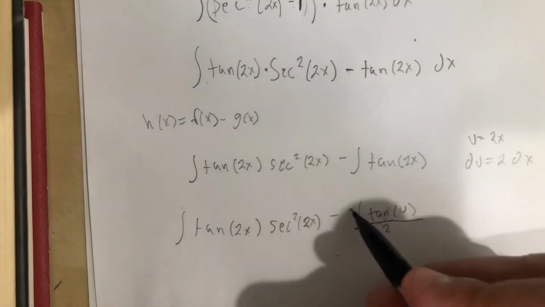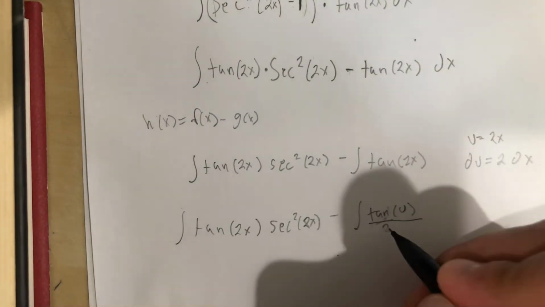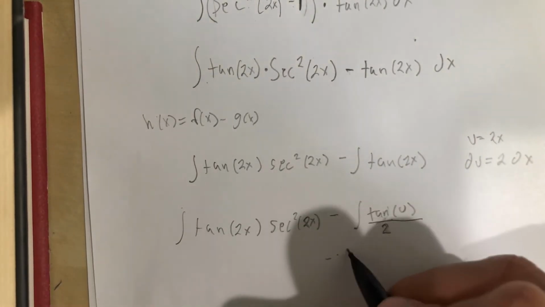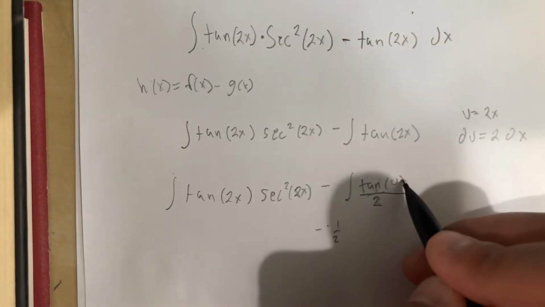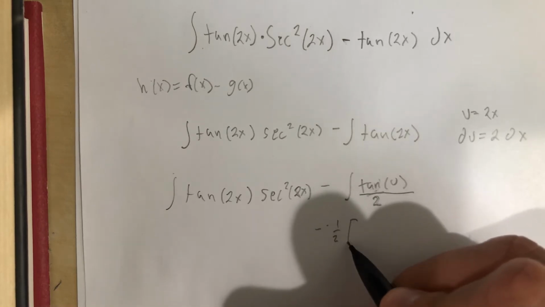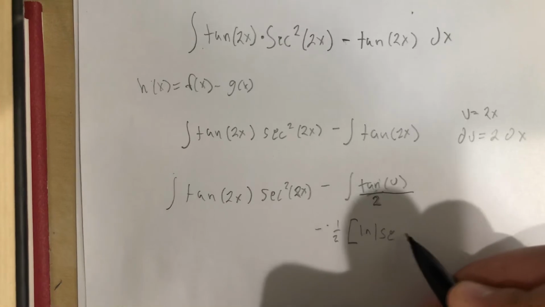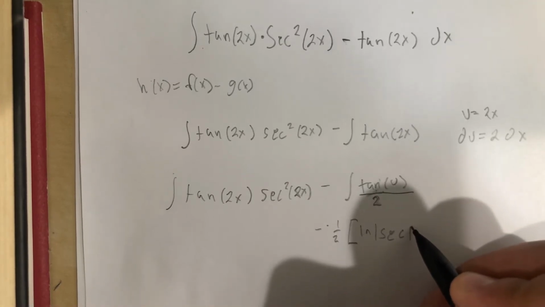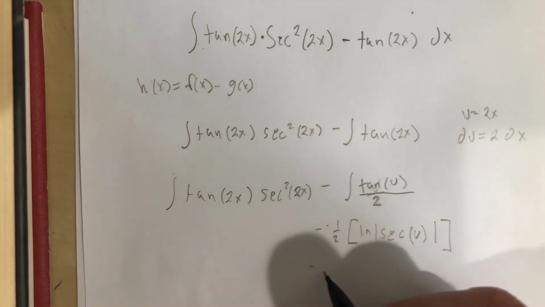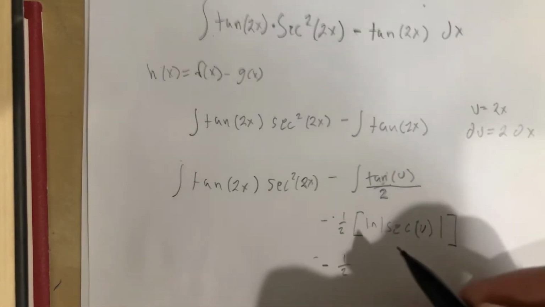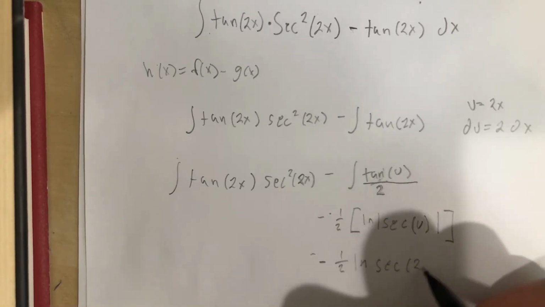And then here we'll factor out this half, so then it will be minus 1/2, and then the integral of just tangent u is going to be ln secant u, and then this is going to be 1/2 of the natural log of secant of 2x.